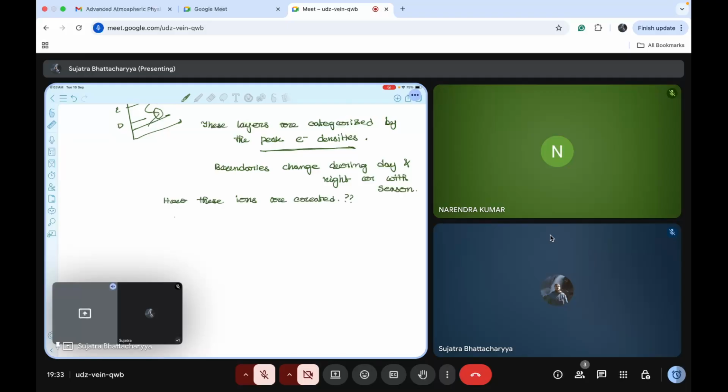For example, high energy UV radiation from the sun, then X-rays from the sun. These are important. These collide with the gas molecules and atoms of the Earth's upper atmosphere.